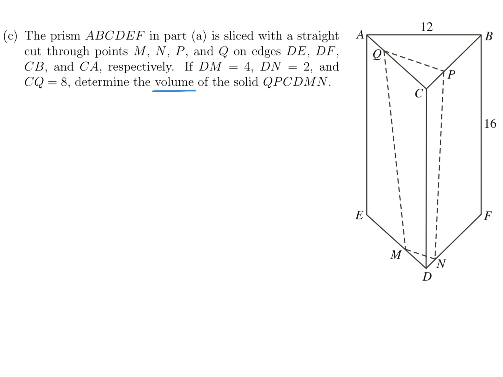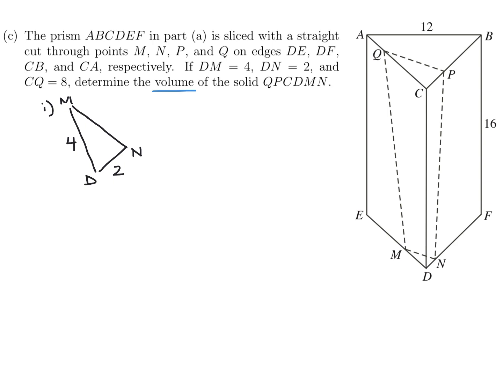All right, so we got a few steps here. Let's go through this step by step. The first step is I'm going to concentrate on the triangle in the diagram that is M, D, and N. They told me in the question that M to D is 4 and D to N is 2.